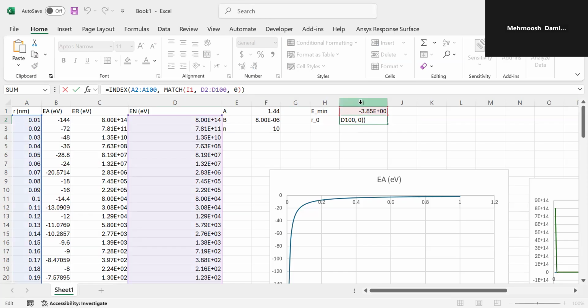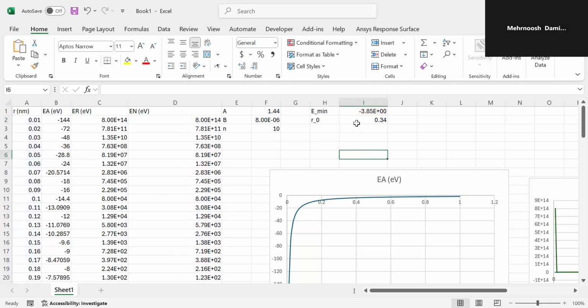What is I1? The minimum that we found before in this column. It means that in this column, find which of them matches the minimum and read the R related to that. Okay, and you see that again we find 0.34. So we did the first part, the graph by Excel, back to the next part of the problem.